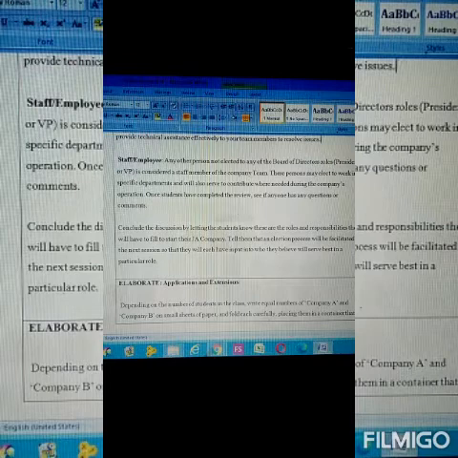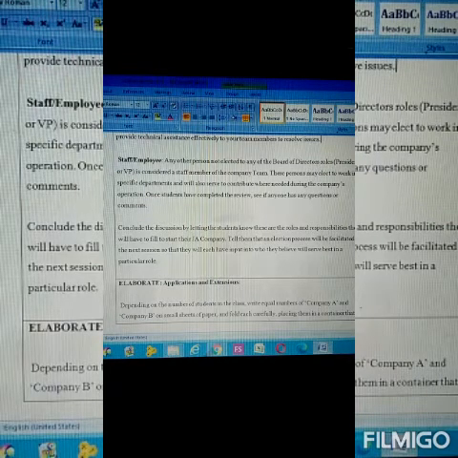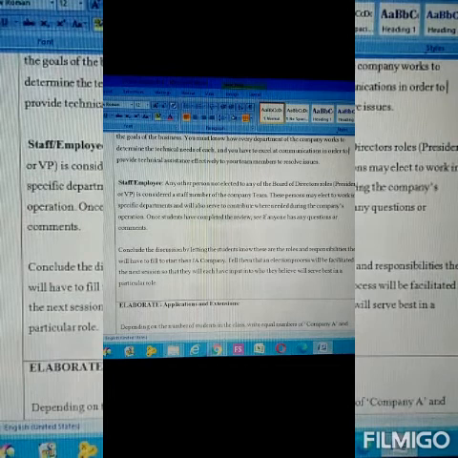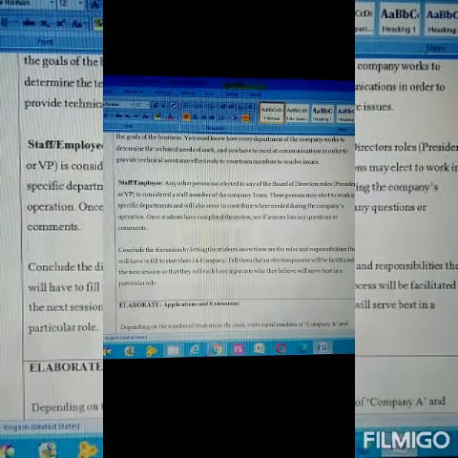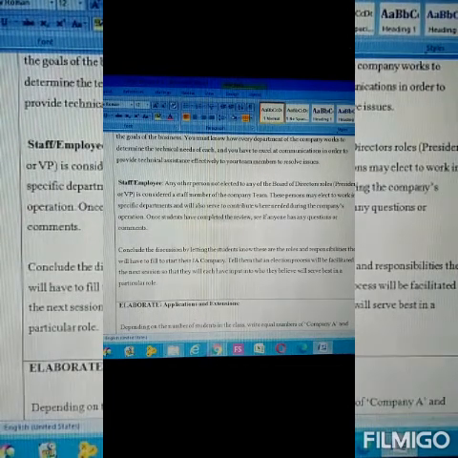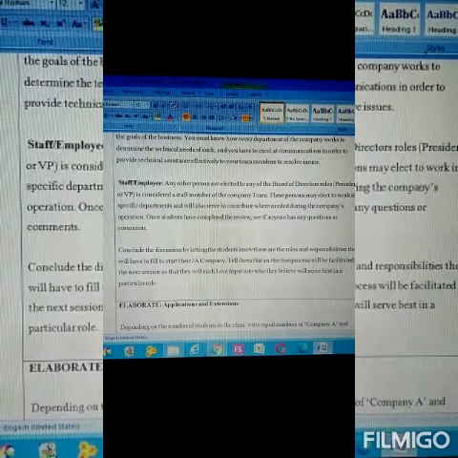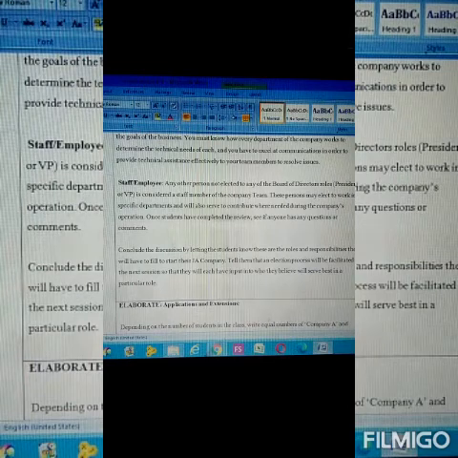These persons may elect to work in a specific department and will also serve to contribute where needed during the company's operation. Good? I want you to remember this from when we were doing the organizational structure. You would have seen the employees at the bottom there, just after the supervisors, with the employees working right beneath them.